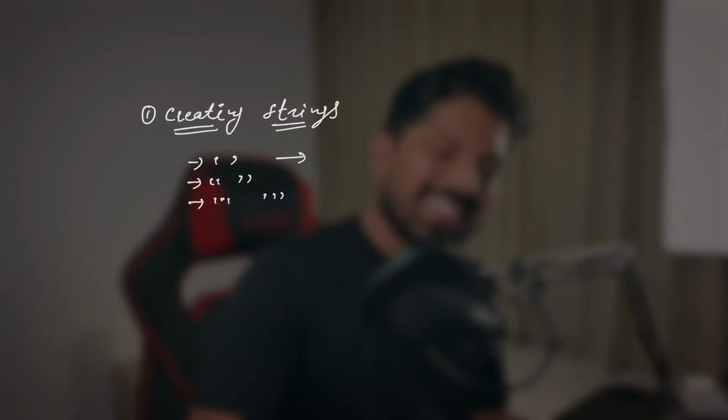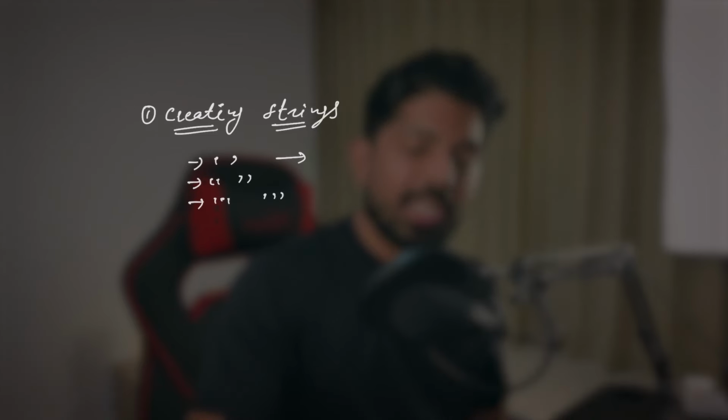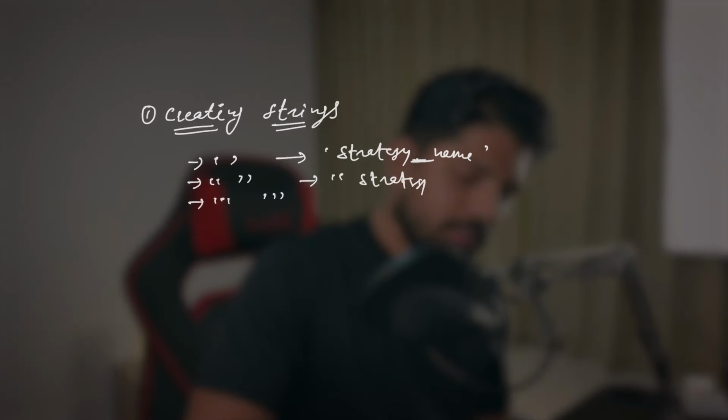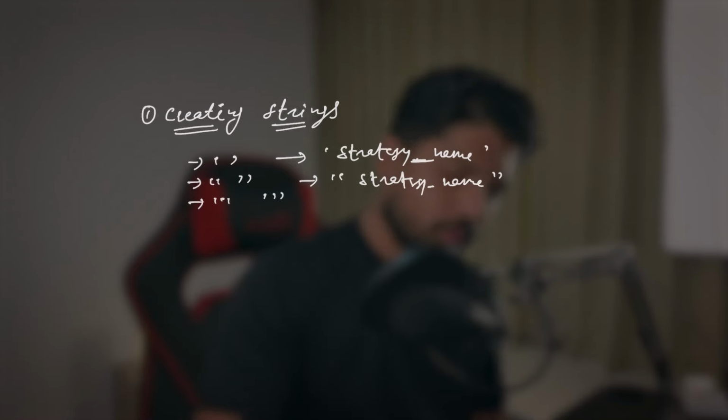In single quotes, say we want to create a strategy name. We can just write strategy underscore name. The same we can achieve with double quotes also, strategy name, that also works.